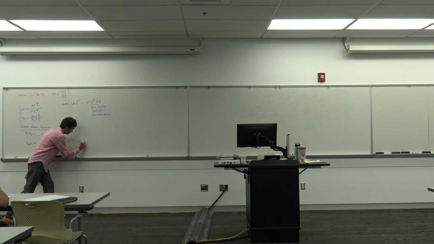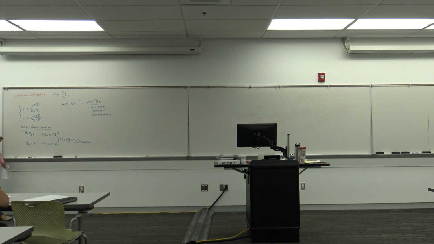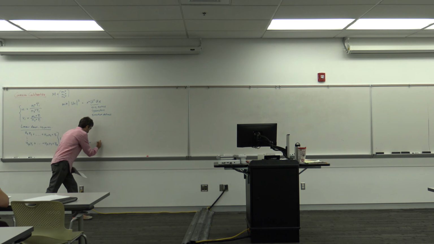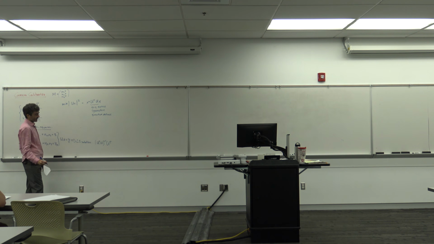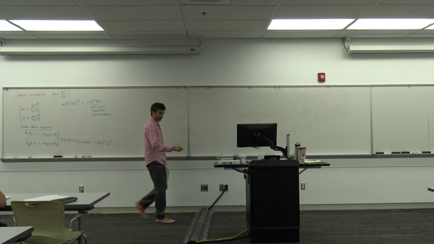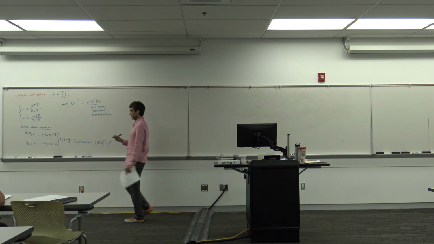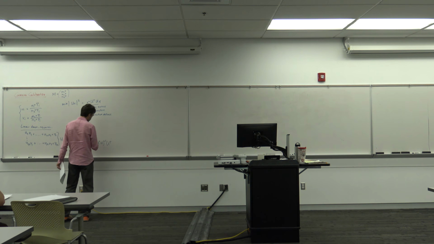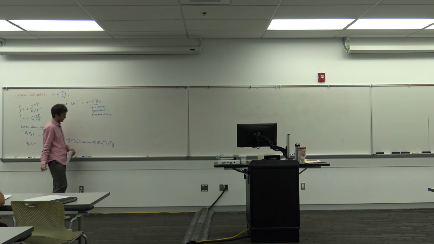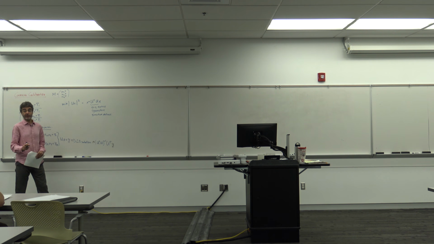The least squares solution is the pseudo-inverse of U, which is U transpose U inverse U transpose. So that's my solution. You can write x equal to the pseudo-inverse times y. Okay, excellent.